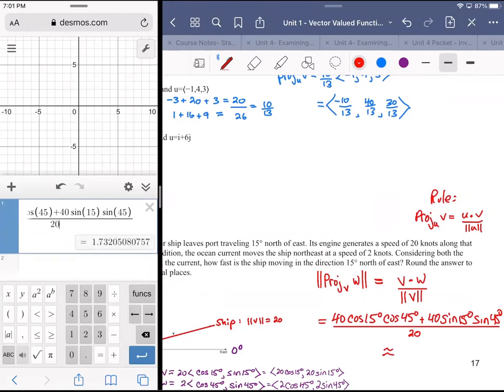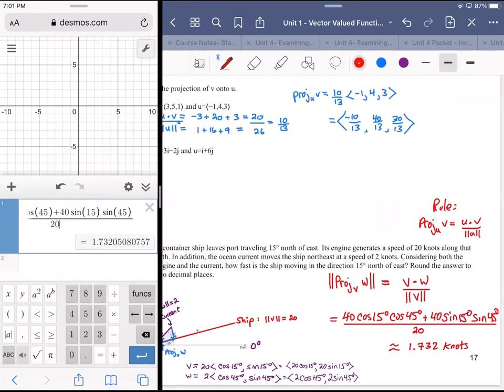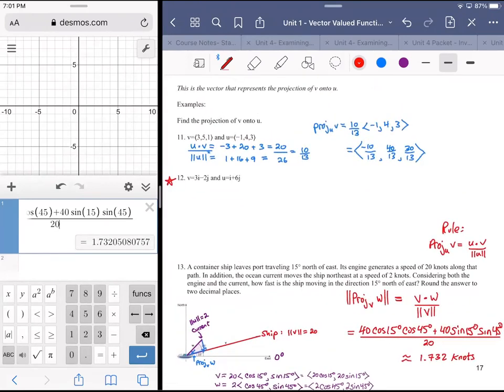All right, so you get about 1.732. So that's the contribution of the water, the current that's acting in the direction of the boat.